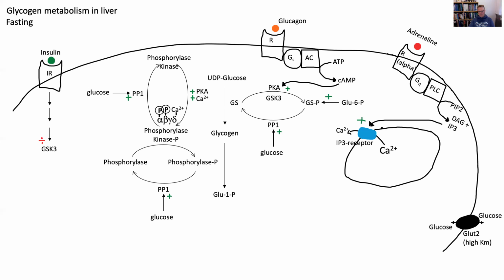Then we also know that if we see an increase in the glucose concentration in the circulation, that will also lead to a production of glucose 6-phosphate that can activate even the phosphorylated form of glycogen synthase, leading to an increased activity of the enzyme and stimulating glycogen synthesis.